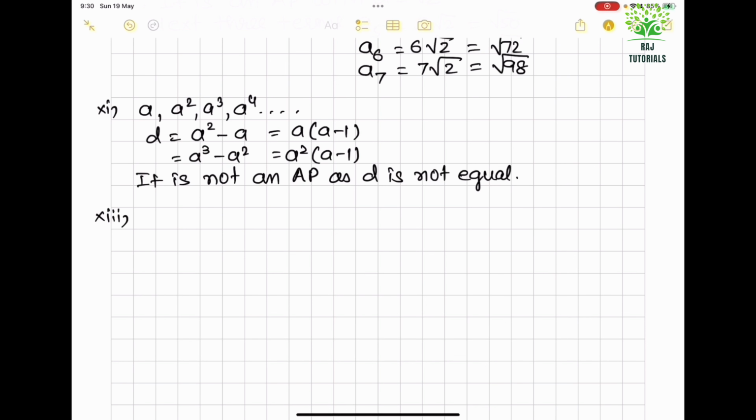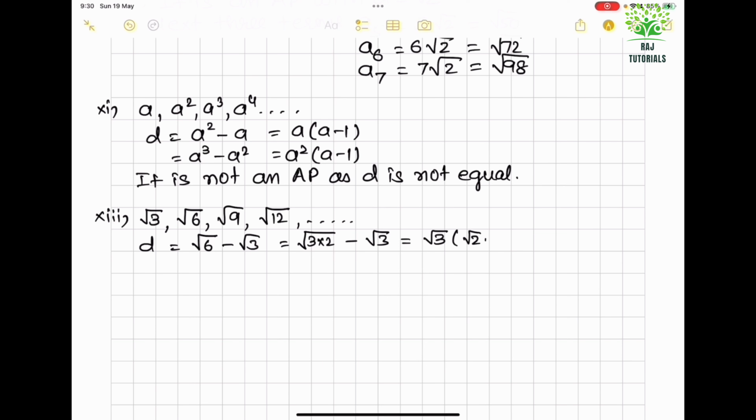Then the 13th one says root 3, root 6, root 9, root 12, and so on. So d will be root 6 minus root 3. Can I write it like this? Root 3 into root 2 minus root 3. If I take root 3 common, so root 2 minus root 1, that is 1. Then root 9 minus root 6.